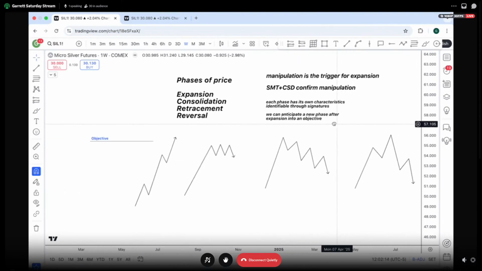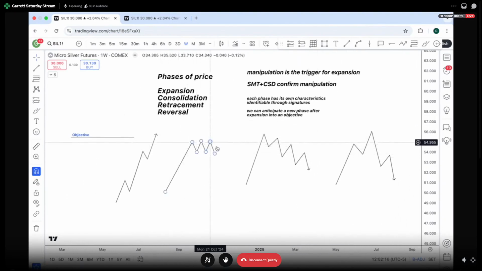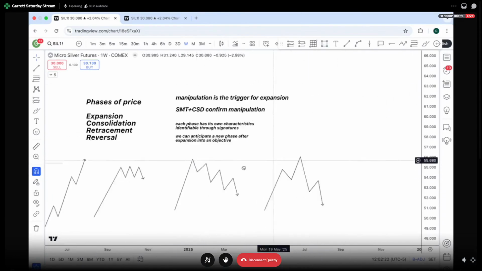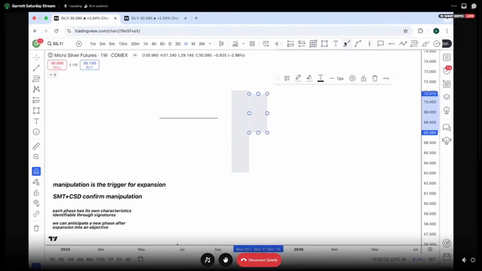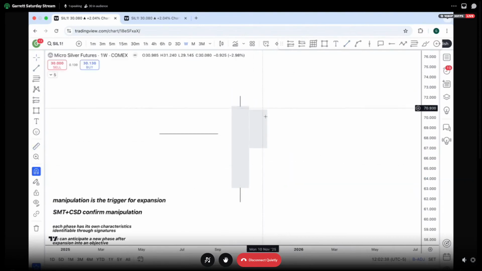All right. So what are the signatures of consolidation? Obviously, a sideways range, right? It's going to look many ways. This can be an inside bar where you have expansion into a high or something. You basically just have a candle inside of this candle's range. That's a consolidation, right? And the thing about consolidations is we can't actually reverse from a consolidation.